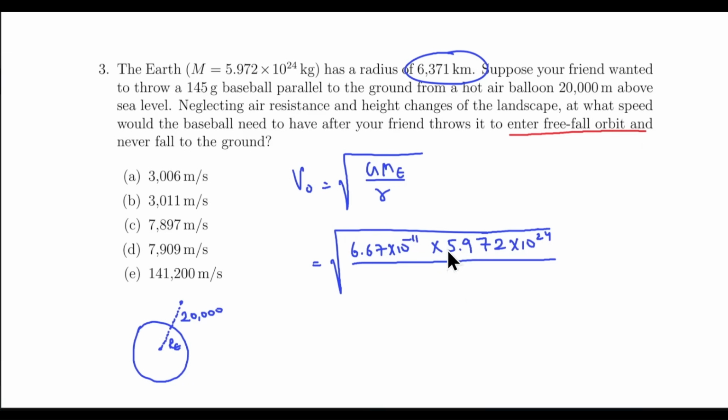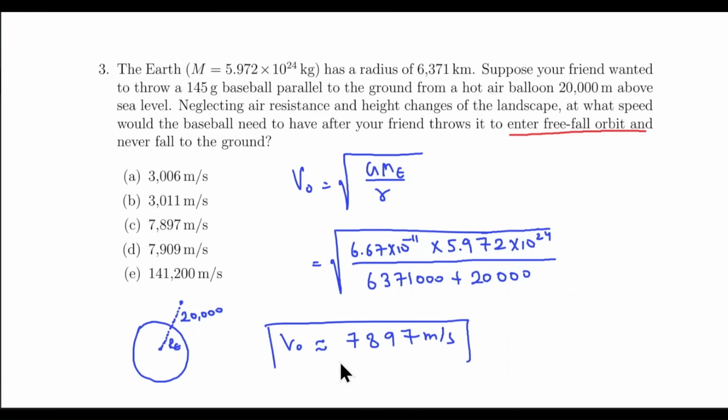The radius of the Earth is 6,371 kilometers, so it will be 6,371,000 plus 20,000. And if we find this, it comes to somewhere around 7,897 meters per second. So this will be the orbital velocity, which is option C.